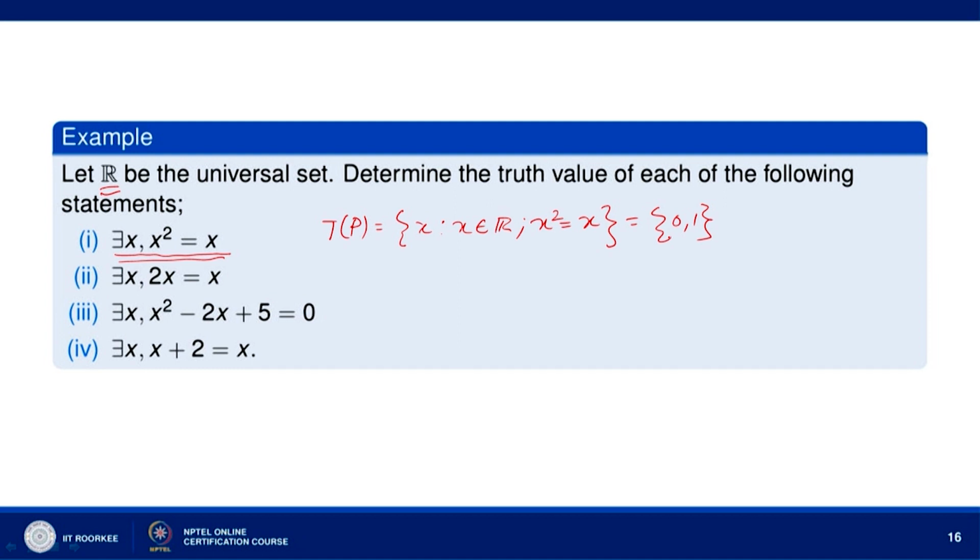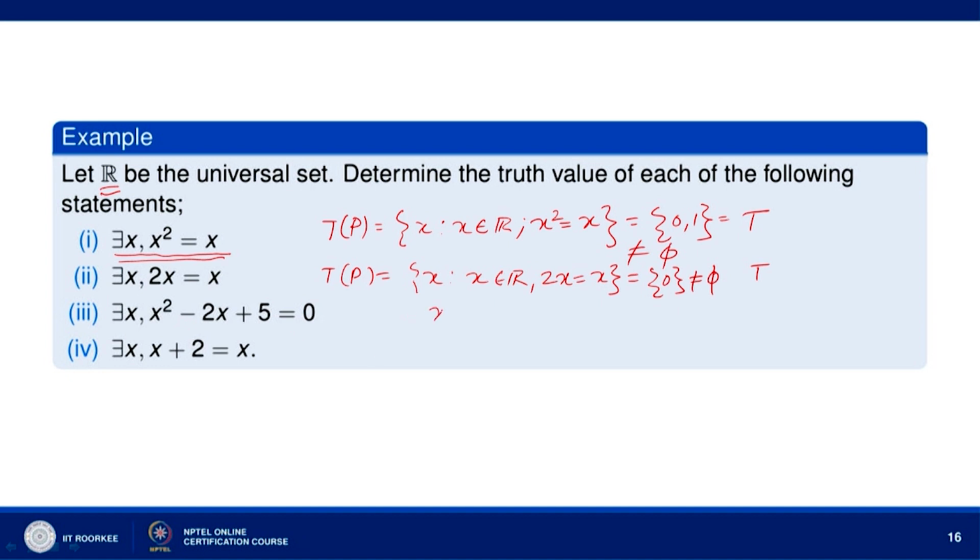So it is not phi, therefore the truth value is T. And in the next case, 2x equals x means only x equal to 0 will satisfy this. So T p will be the singleton set containing 0, which is not equal to phi. So again it is true.